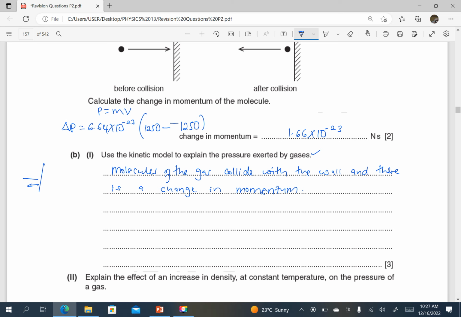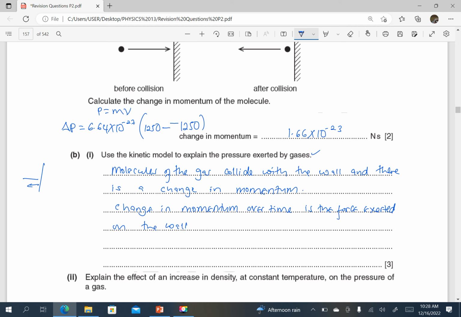And of course, by Newton's second law, the change in momentum over time is the force exerted on the wall.